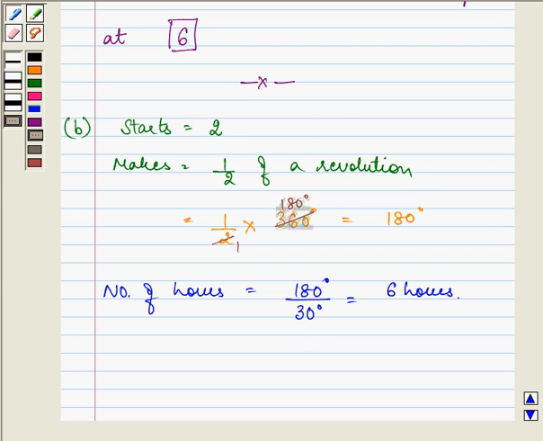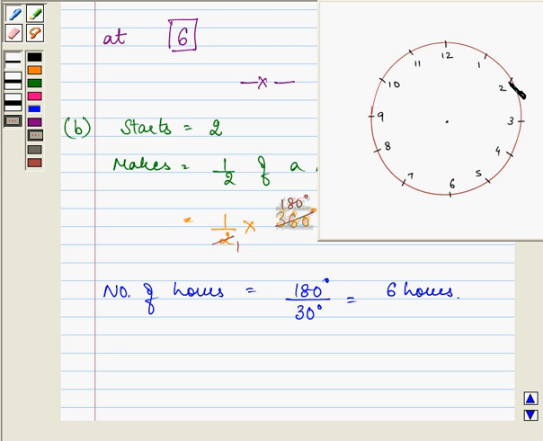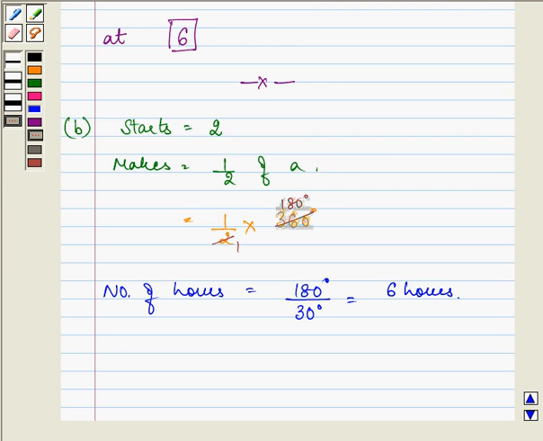And now let's see, if we are starting from 2, after 6 hours it will be at 1, 2, 3, 4, 5, 6. It will be at 8, right?